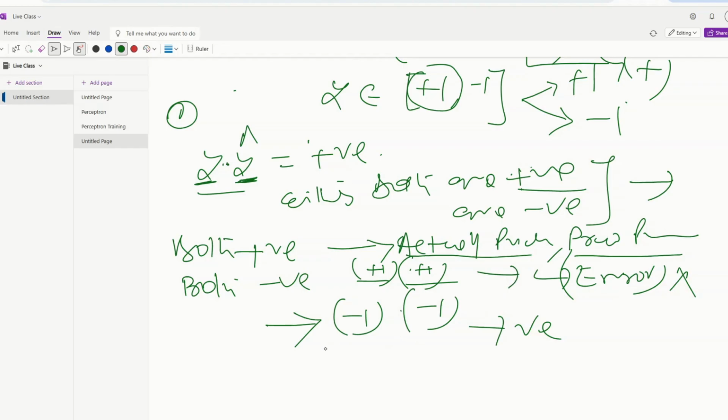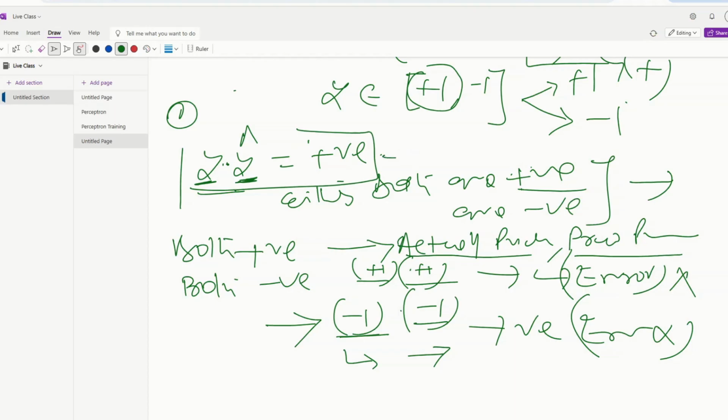In the other case, my actual is saying purchase did not happen, and prediction is saying purchase did not happen. Again, there's no error. So if y into y prediction is positive, in this case there's no misclassification. I hope you got this point.